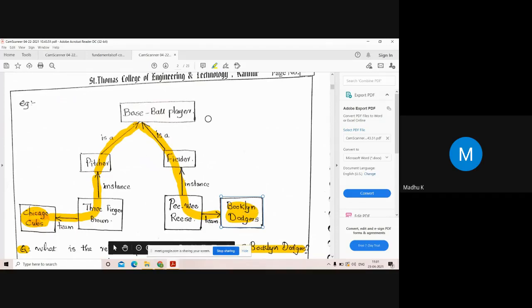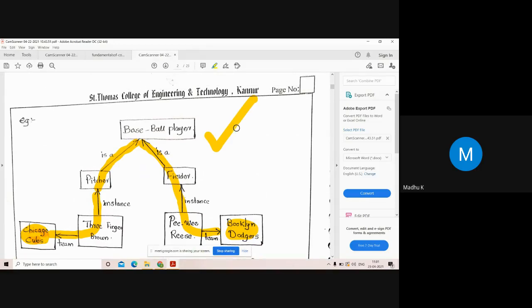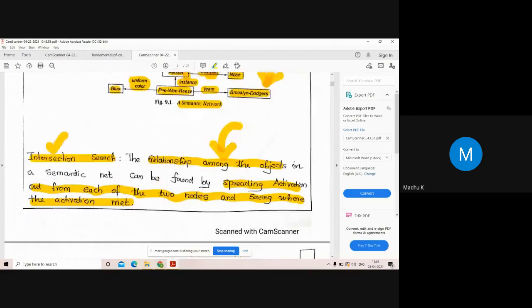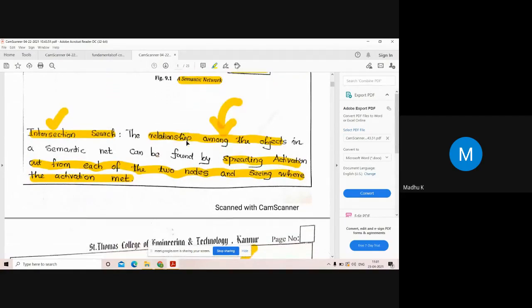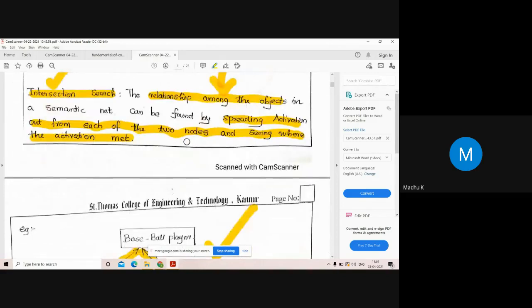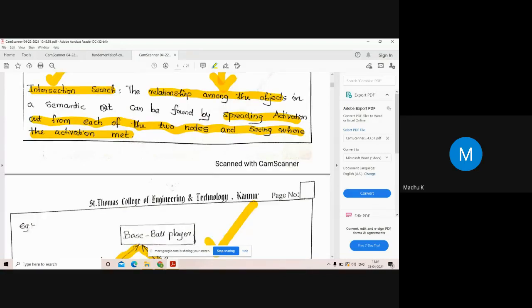So this is the concept of intersection search. Sometimes in the exam they may ask about intersection search. I covered that topic, and from the exam point of view we don't need to bother too much. We just need to say what intersection search is.